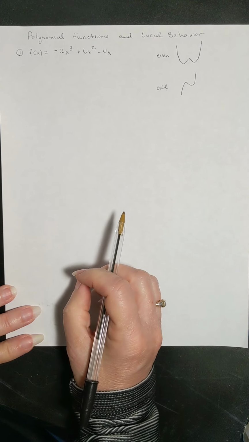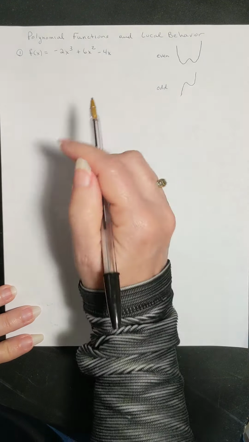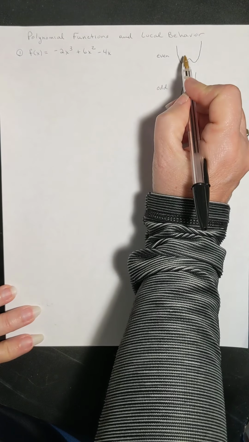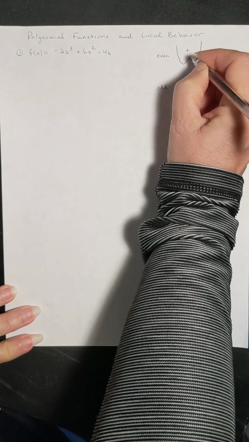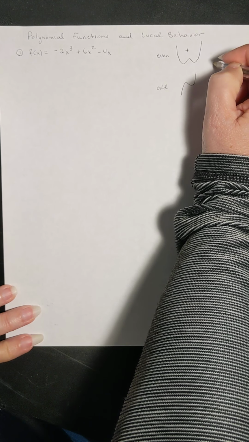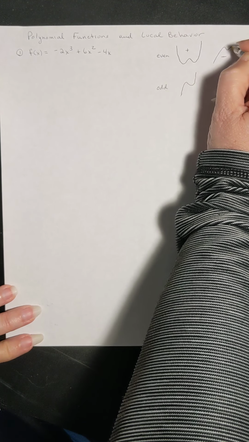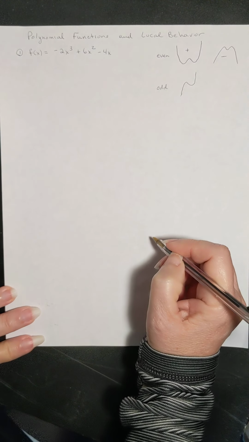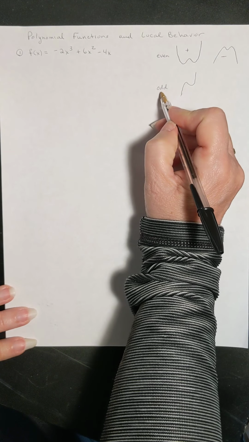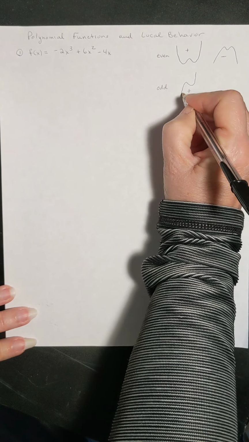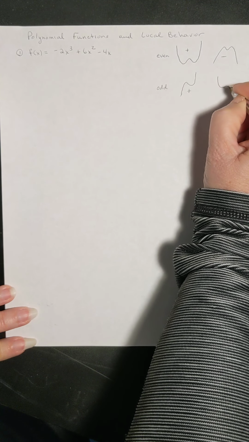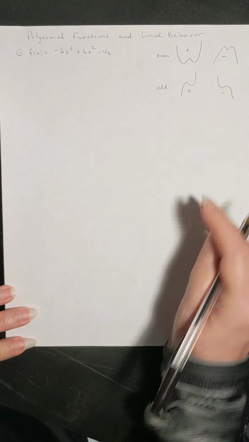If the number in front of that highest degree term is positive, then it will look like a W. If it's negative, then it'll open downward. Same thing with the odd exponent. If it is positive, then it'll look like an increasing snake, and if it's negative, then it'll look like a decreasing snake.